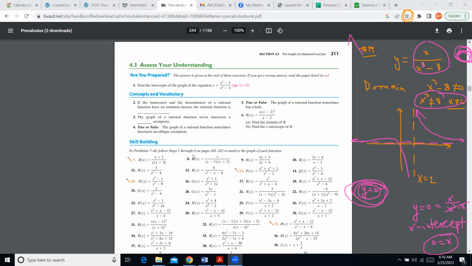So why don't I do another problem here? Let's graph exercise number 11, which wants us to work with the function that has x squared in the denominator. So now I move to the next section because, again, the problems, as you can see, are the same. They are also fractions.